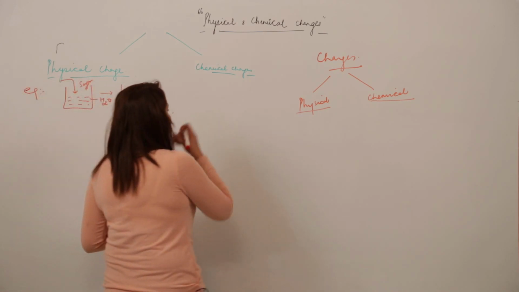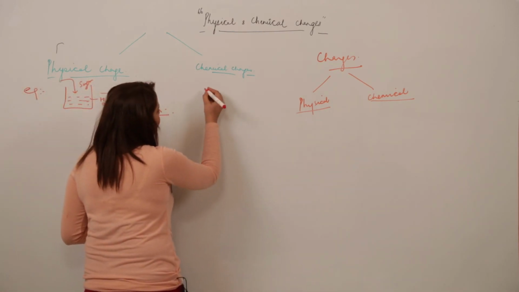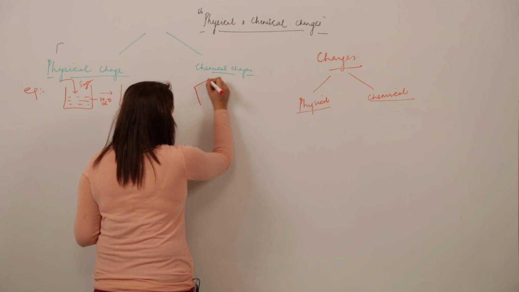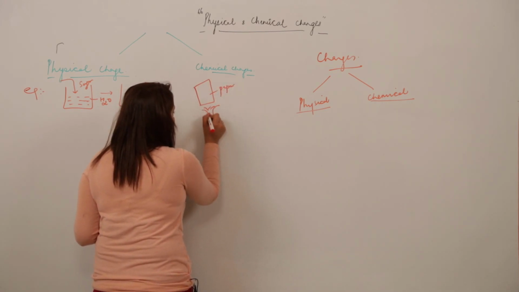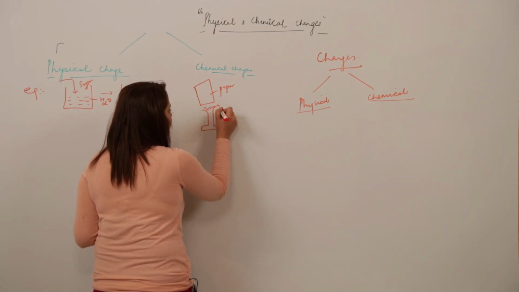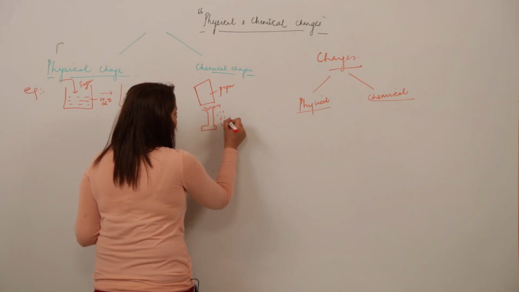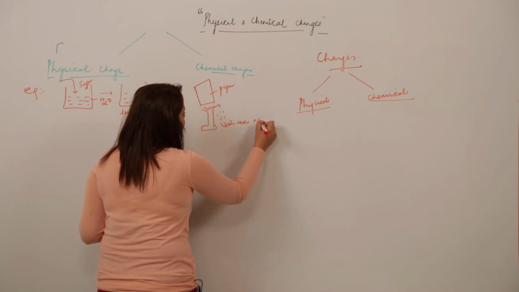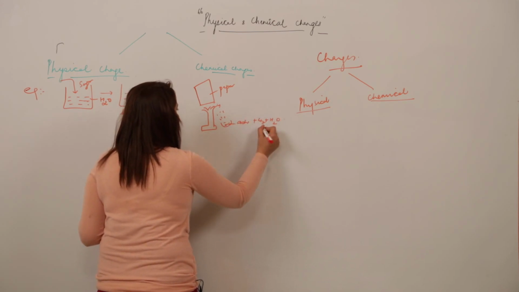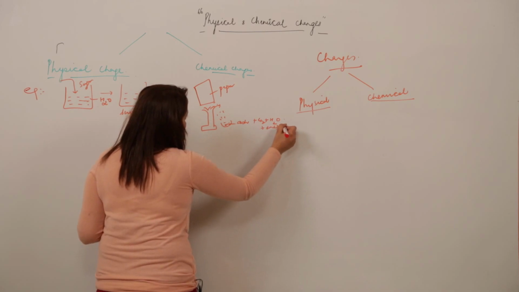If I take an example of chemical change, suppose I take a paper and burn it with the help of a burner, right? So what do we see? The paper turns into ash, and along with it we get CO2 and water vapor plus energy in the form of heat and light.